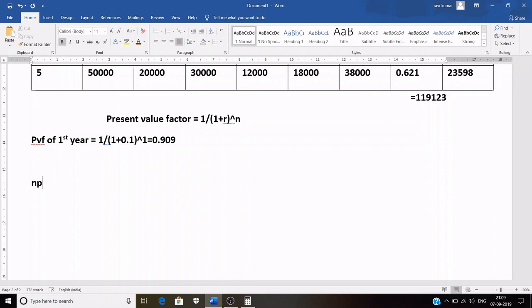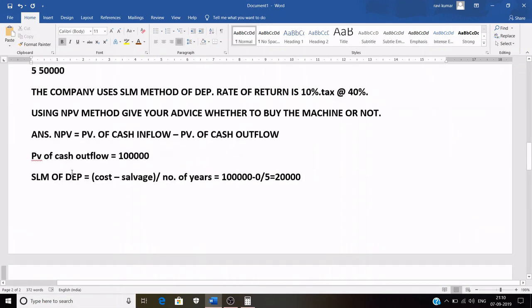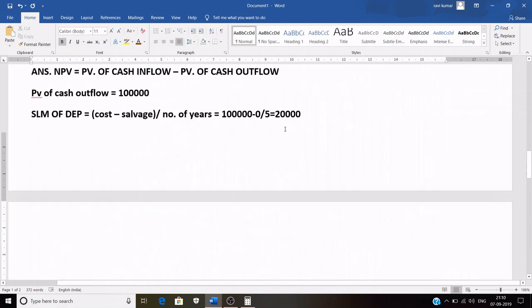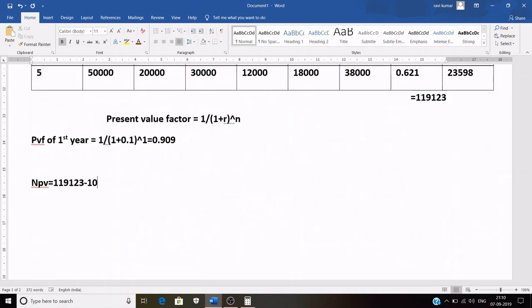NPV is equal to 1,19,123, that is our present value of cash inflow, minus present value of cash outflow, that is 1 lakh. When we deduct 1 lakh, we will get a positive amount, that is 19,123, which is positive.